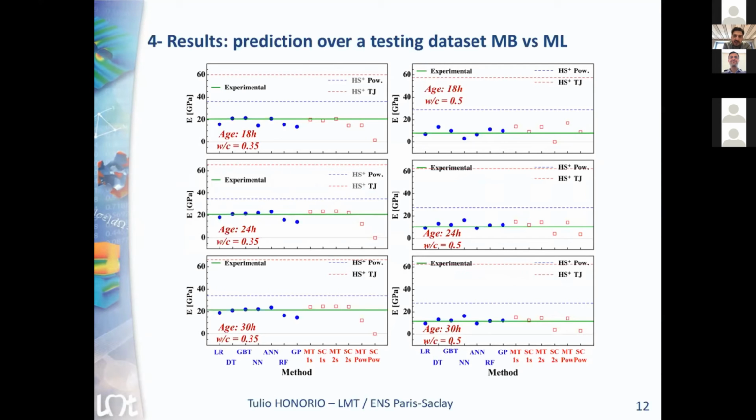I'm comparing here with some micromechanics based estimations that also performed quite well in some cases. And we can see that we have a nice framework to estimate properties using both methods, machine learning or micromechanics based approaches. So now, okay, you can use both strategies to predict properties concurrently.